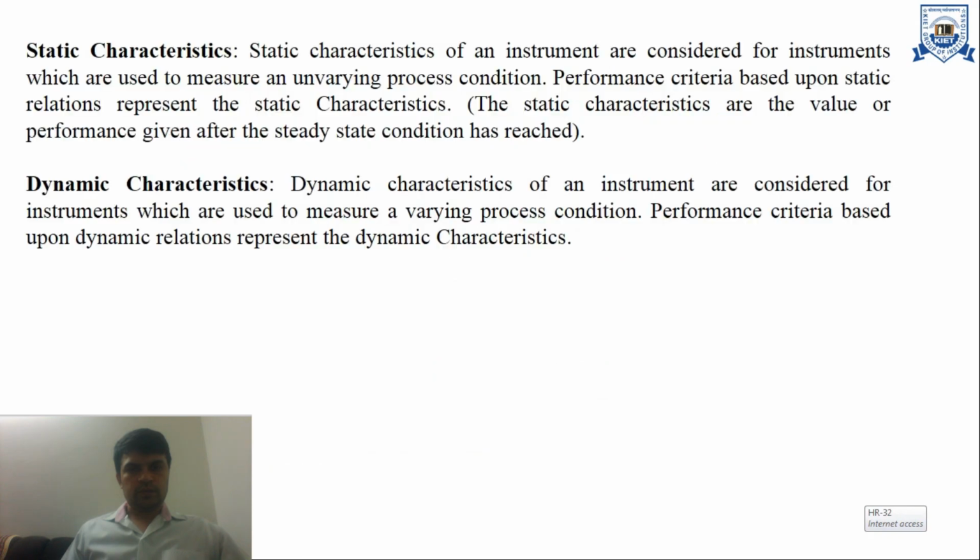So static characteristics of an instrument are considered for instruments which are used to measure unvarying process conditions. The performance criteria based upon static relations represents the static characteristics. The static characteristics are the value or performance given after steady state conditions have been reached.